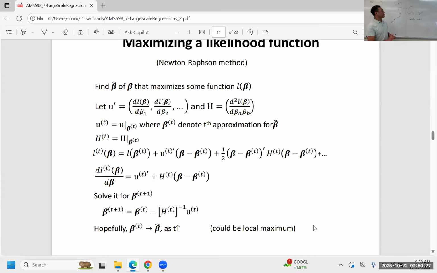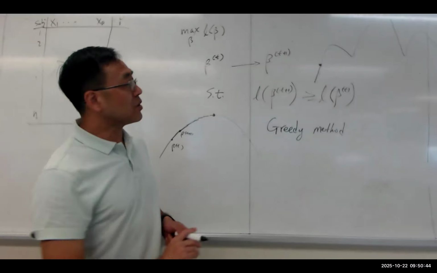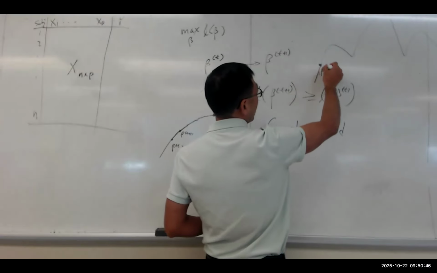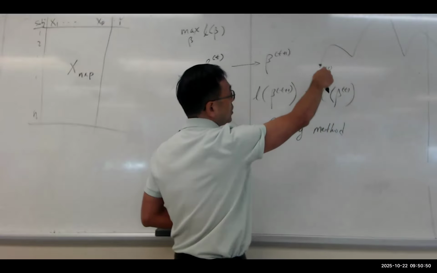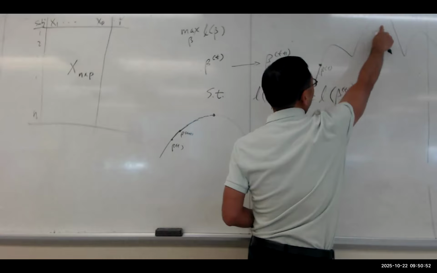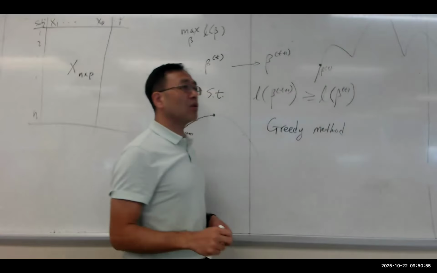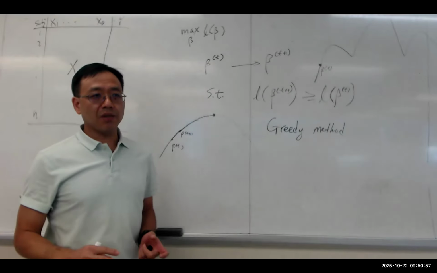Say for example, your function is somehow looking like this. Then if you're starting somewhere in the neighborhood further away, between your starting point and your global maximum, if there's a local maximum in between, guess what the algorithm is going to do?